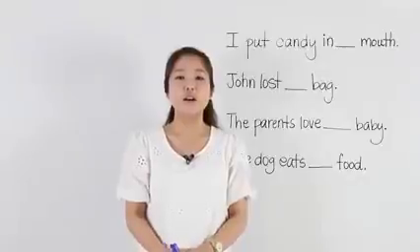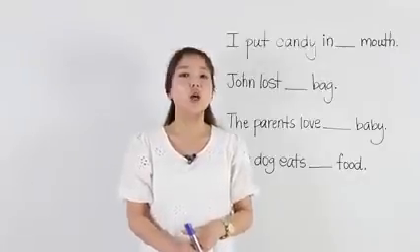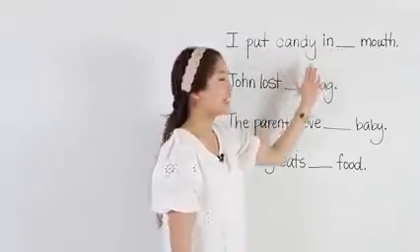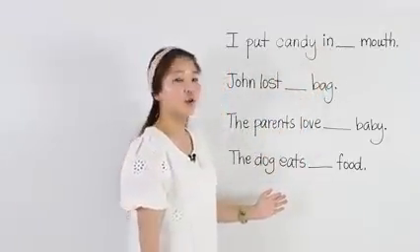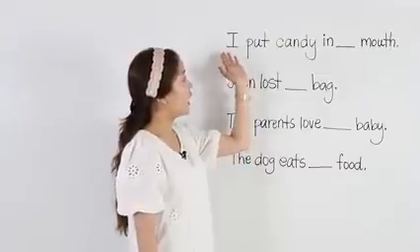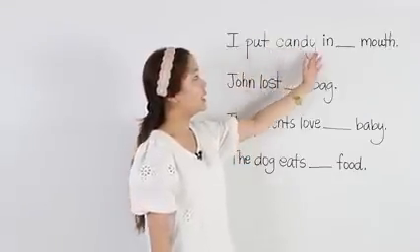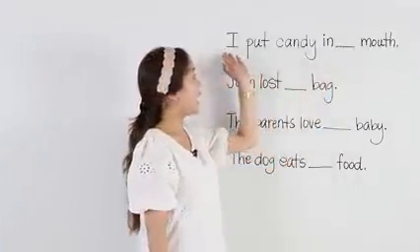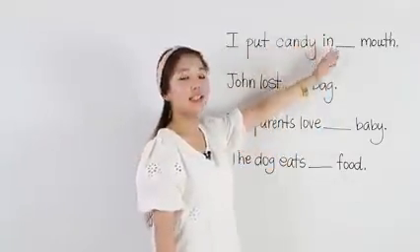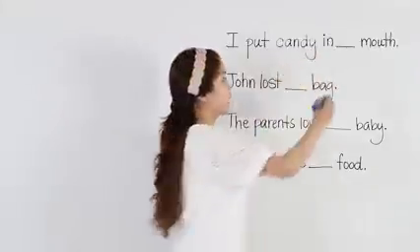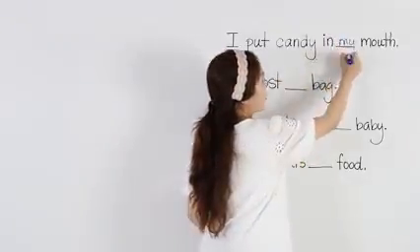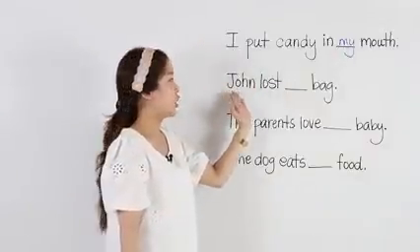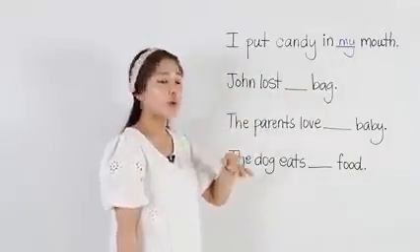Here are some practice sentences. We're going to put possessive adjectives on these lines. So let's try together. I put candy in ___ mouth. This is a mouth. I put candy in, what should we put? My mouth. Next, John. John is one man or boy.